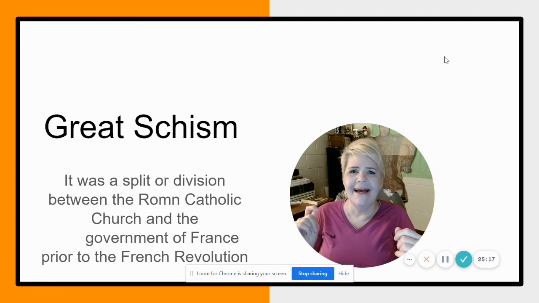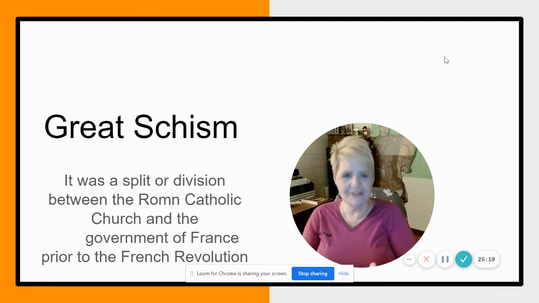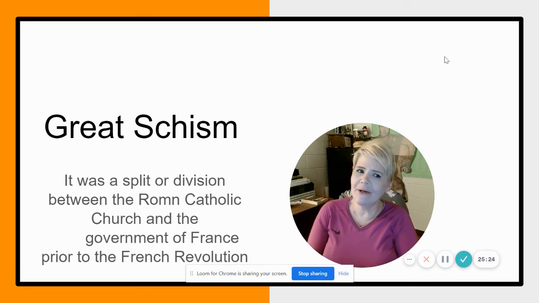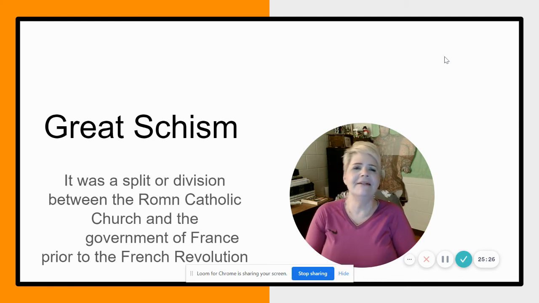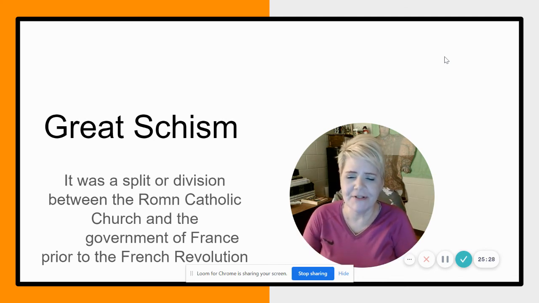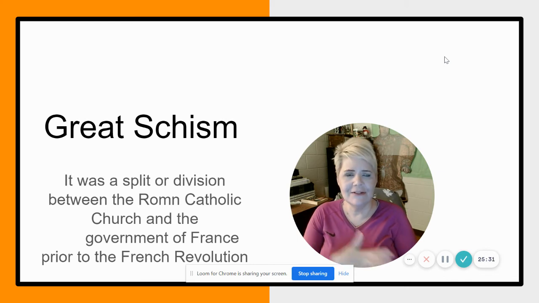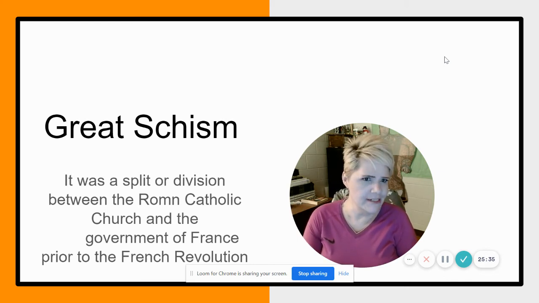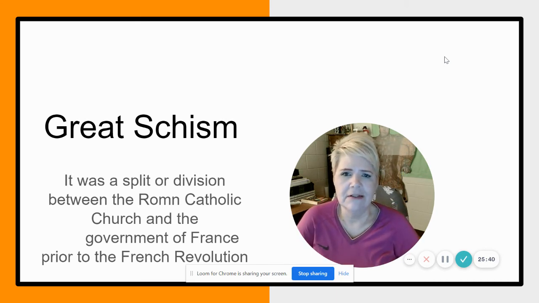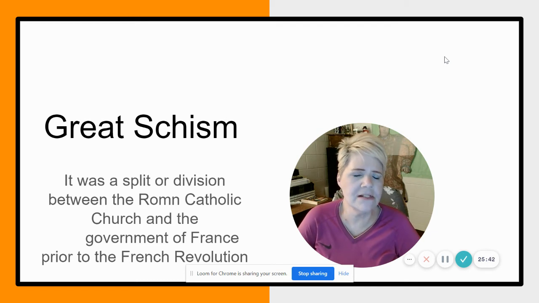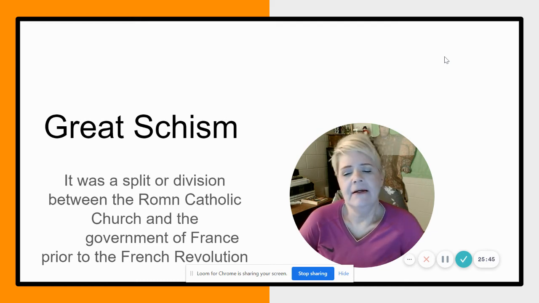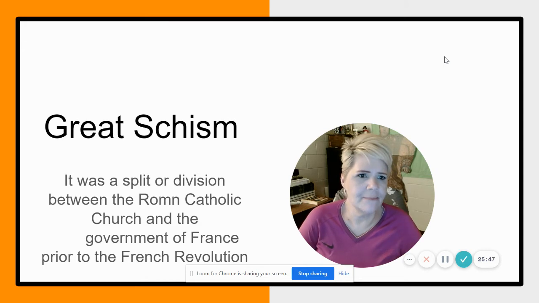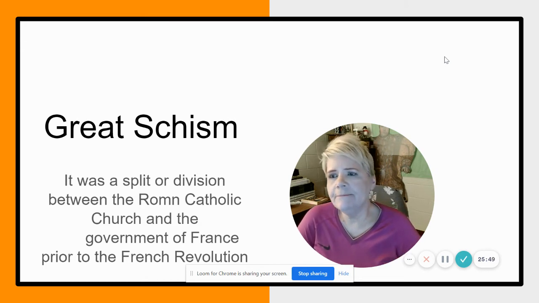Eventually the idea of the Catholic Church having too much power caught wind in France, and there was a separation between the church and the government in France. That was called the Great Schism. Like I said, it sounds kind of scary to me, like a disease. Anyways, separation of church and state in France.